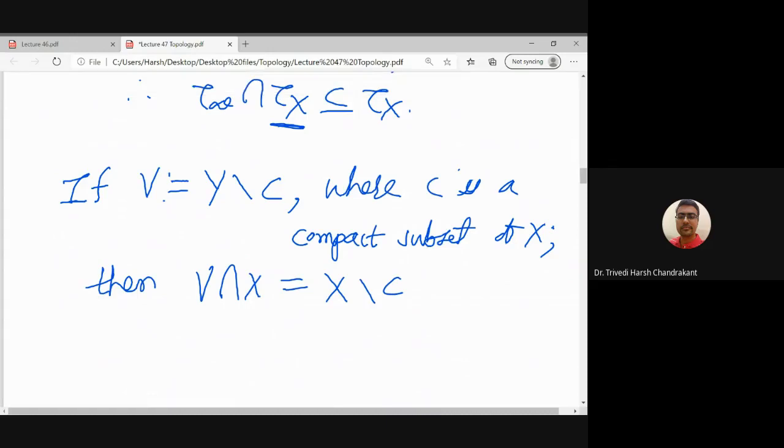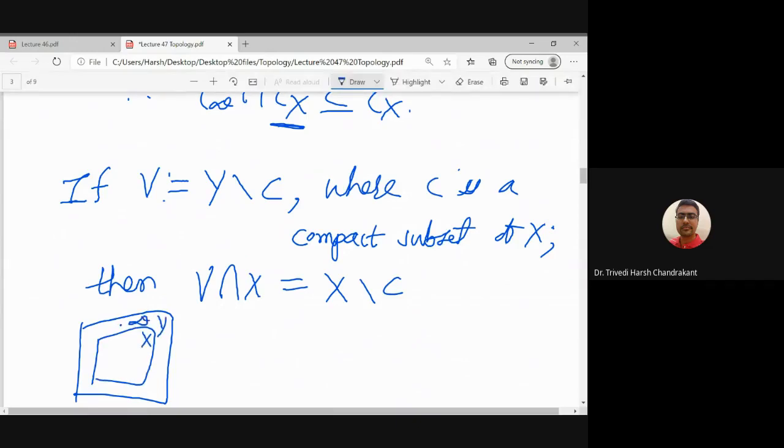We can observe this because we have the space X and Y, where the only difference is infinity, and C is actually a subset of X. So the complement of C in Y and the complement of C in X are the same when we take the intersection.